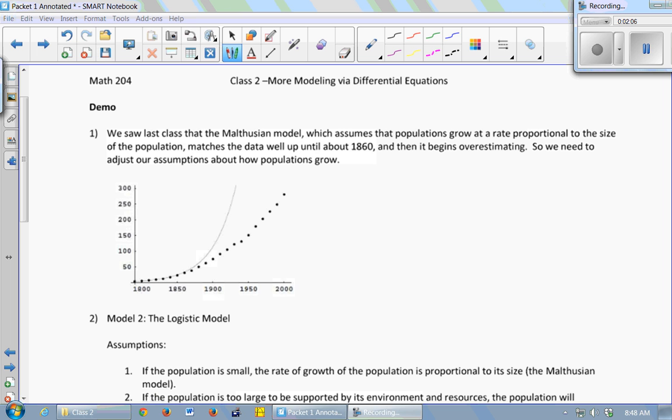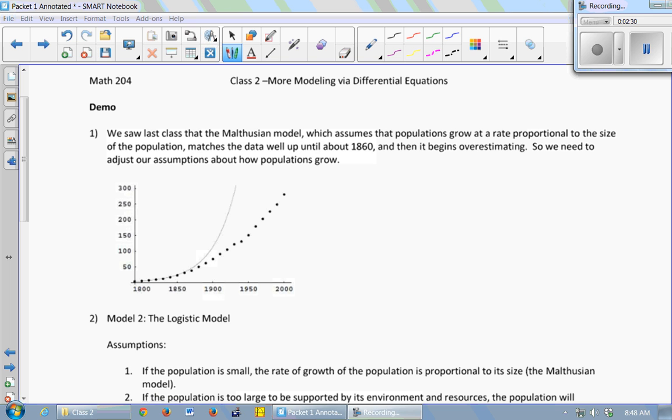Okay, so last class we studied the Malthusian model. The assumption for the Malthusian model is that populations grow at a rate proportional to the size of the population, which seemed like a reasonable assumption. The larger the population is, the faster it will grow because there are more members of the population reproducing, right?